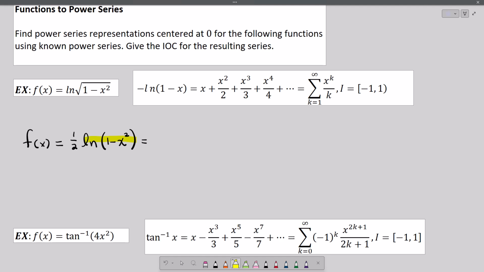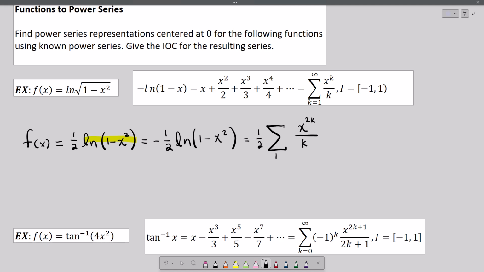So it's going to end up being a negative 1/2 natural log of 1 minus x squared. What are we going to do in here then? What's the difference? We multiplied by the 1/2 out in front, and then we replaced x with x squared. So if we replace this x with x squared, we get x to the 2k. That's still going to start at 1.